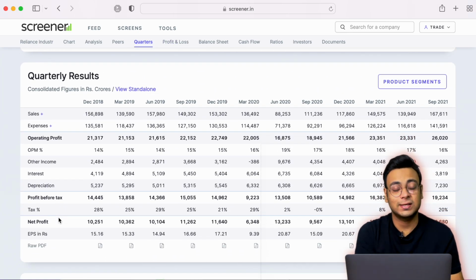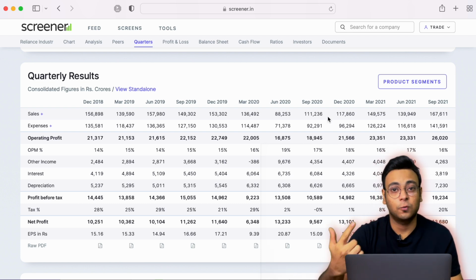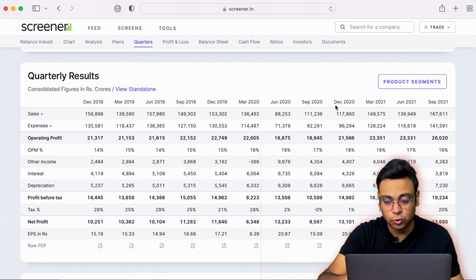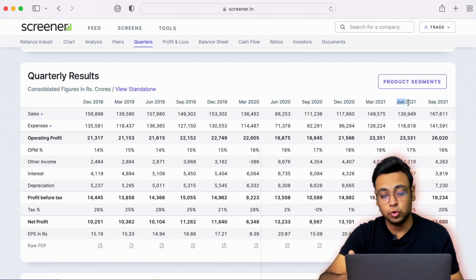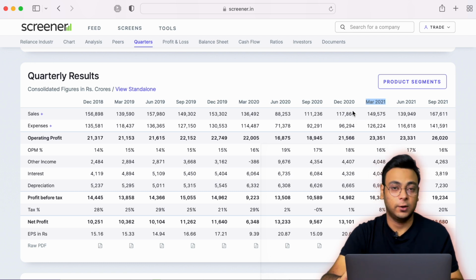Similarly, the quarterly result is exactly the same. The only difference, like I said, is that it is posted once every quarter. Over here, we can see the last quarters, like September 2021, which is the latest result, June 2021, the quarter before, and March 2021.